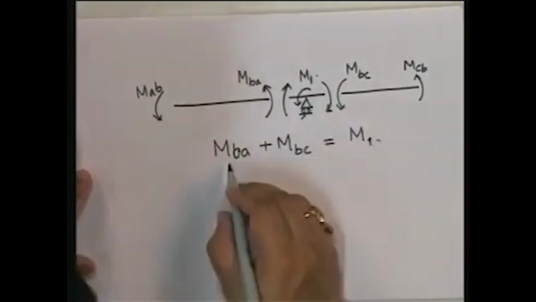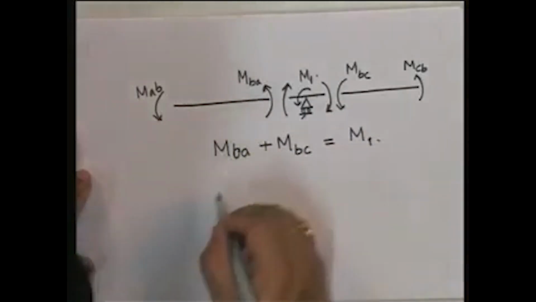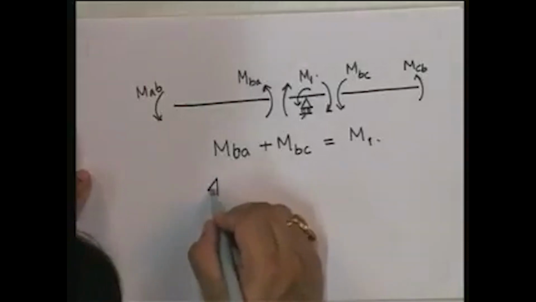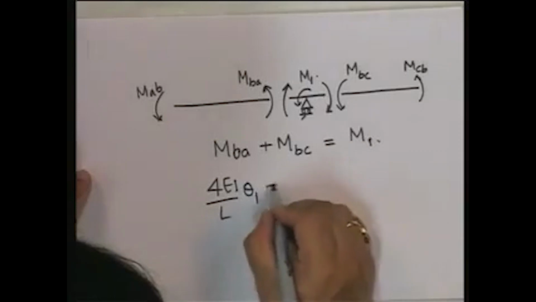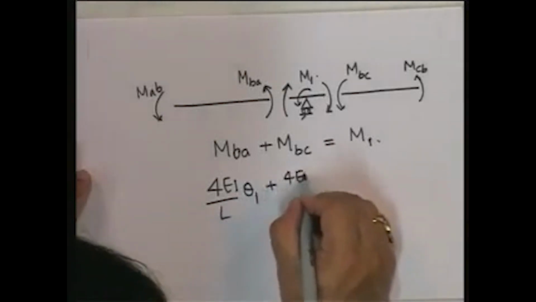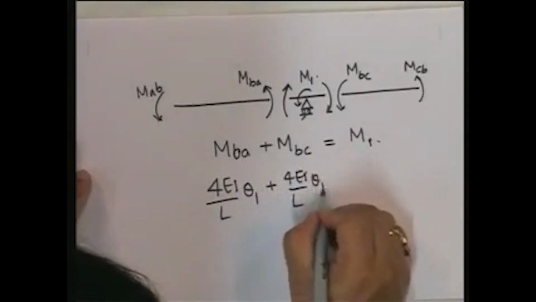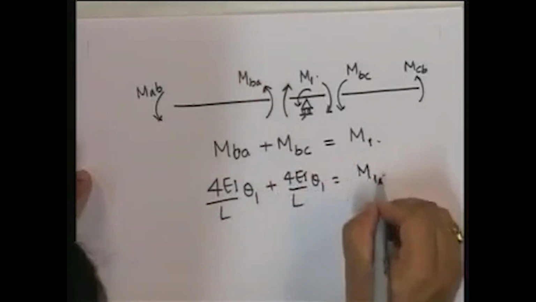Okay. So now what is MBA equal to? If you look back at it, MBA is equal to 4EI upon L theta 1. And what is MBC equal to? Also 4EI upon L theta 1, and the sum is equal to M1.